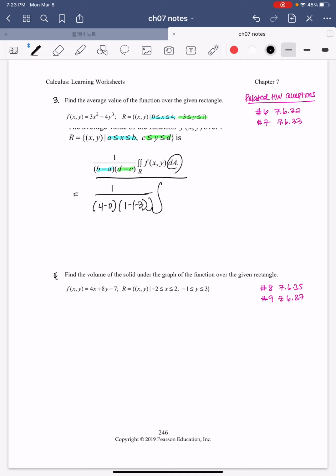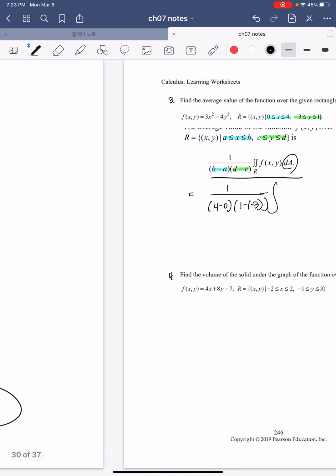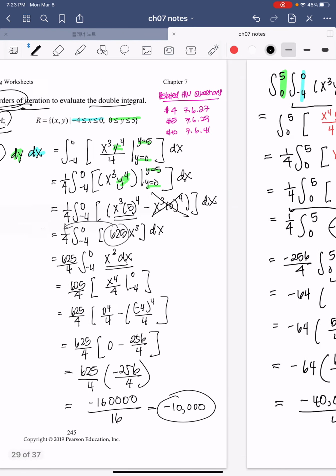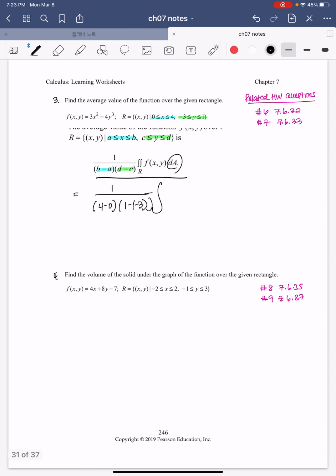Now here, we just saw in example 2, the order does not matter. You can integrate with x first or y first. So I'm just gonna do dx dy, because we already did the dy problem first.